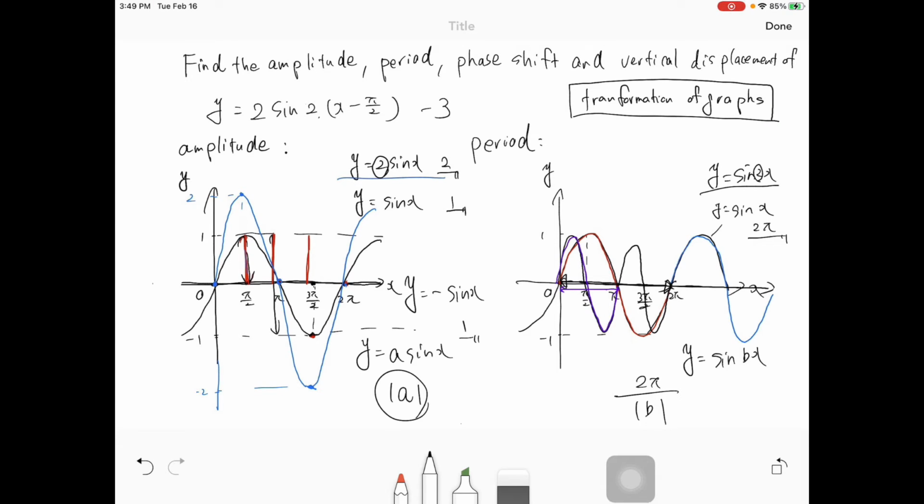And in the function y equals sine 2x, the value of b is 2. This means 2 pi over 2 is equivalent to pi. So the period of this function is pi. And also in the question here, the value of b is also 2. So the period of this function is also pi.